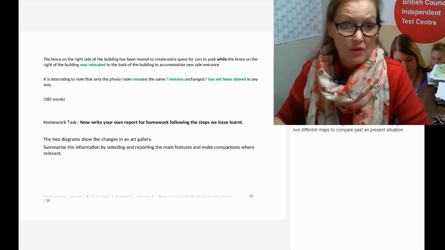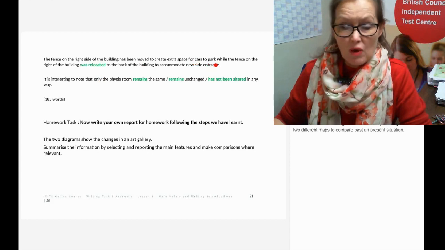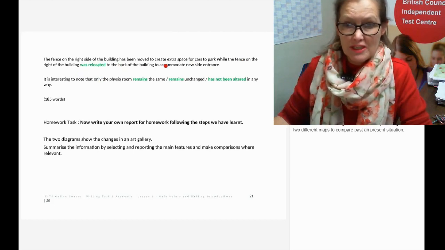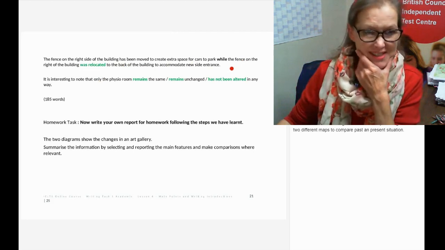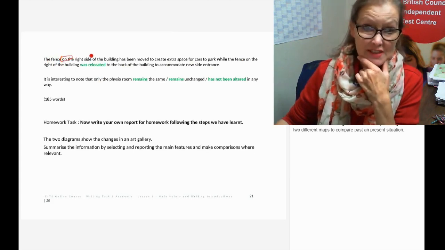The fence on the right side of the building has been moved to create space for cars to park, while the fence on the right of the building was relocated to the back of the building to accommodate the new side entrance. So there I'm using that little preposition and that little phrase to talk about a position, the fence.